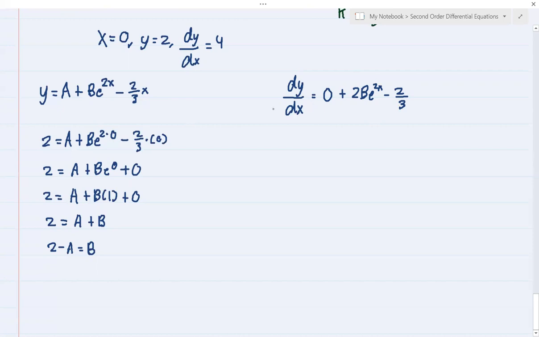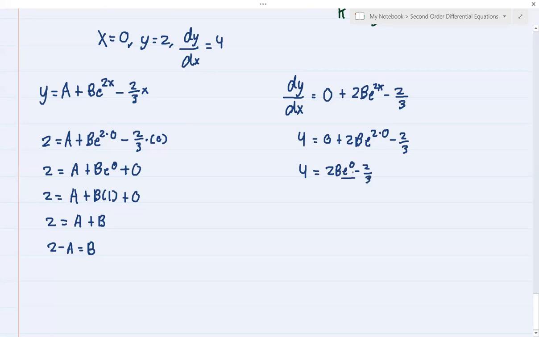Now let's substitute. Your dy all over dx, 4, is equal to 0 plus 2b times e raised to 2 times your x is equal to 0. So 2 times 0 minus 2/3. So let's simplify. We will have 4 is equal to 2b e raised to 0 minus 2/3.